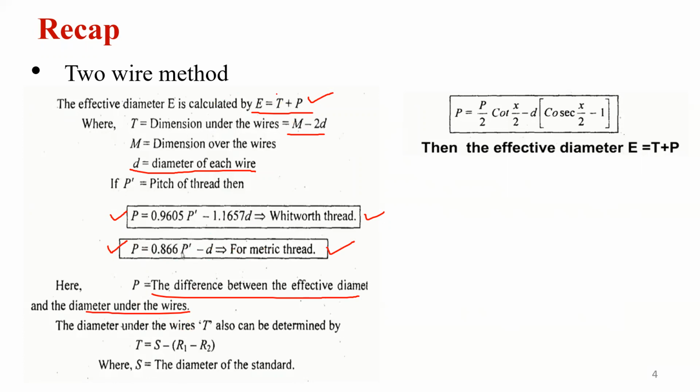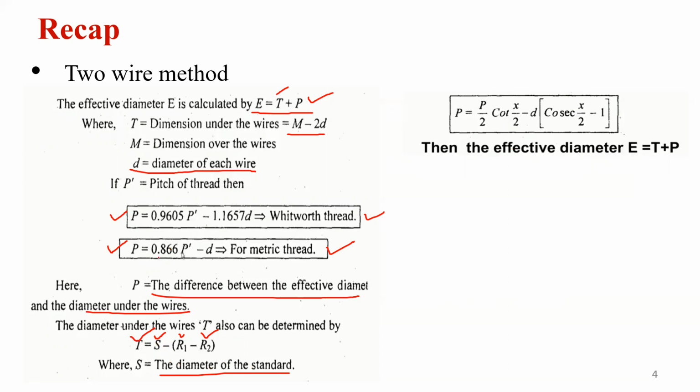So the T value can also be calculated experimentally by using the standard cylinder. This is equal to the standard diameter, where R1 and R2 are the readings over the standard and the readings over the wires.